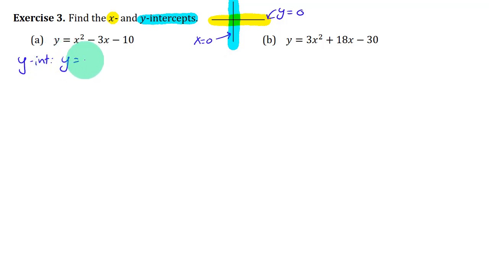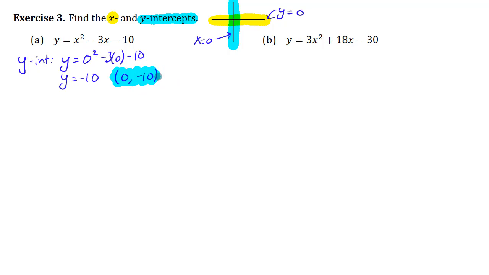So we're going to replace the x with 0. So we're going to do 0 squared minus 3 times 0 minus 10. So that's just going to be y equals negative 10. So that means this has the point 0, negative 10. That's your y-intercept.